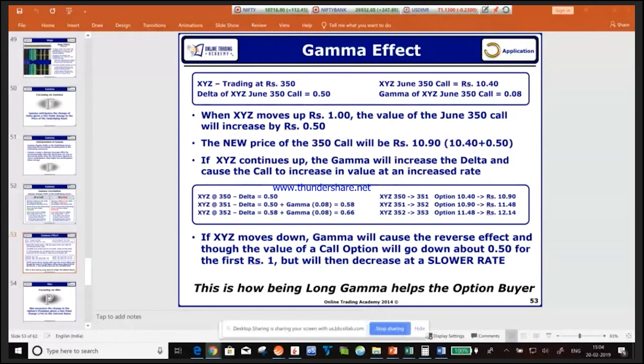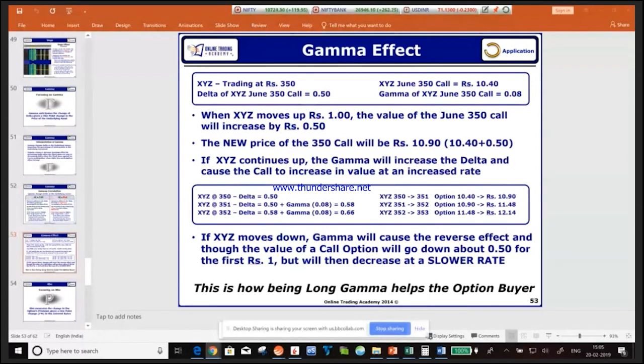Not gamma, the delta will fall slowly. So is gamma clear?